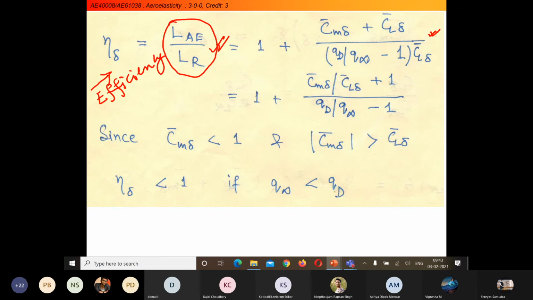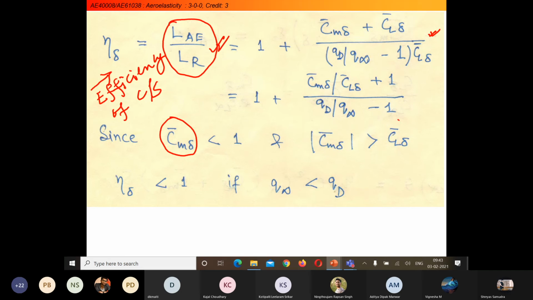This we call as control efficiency, the efficiency of the control surface. So now, since what we have seen here, Cm delta bar is less than 1, and mod of Cm delta bar is greater than Cl delta.